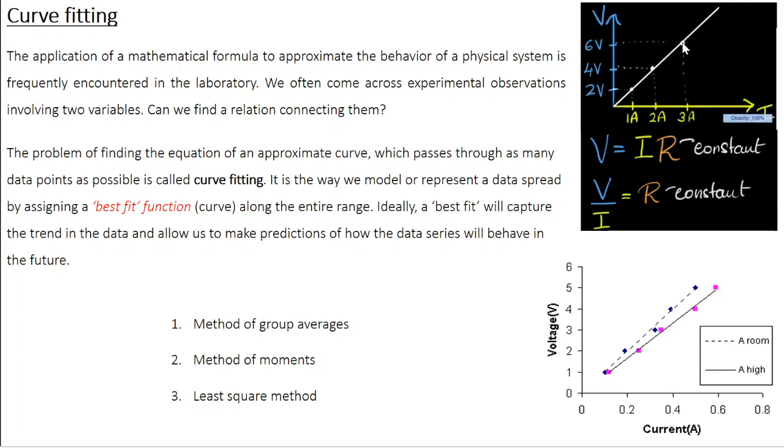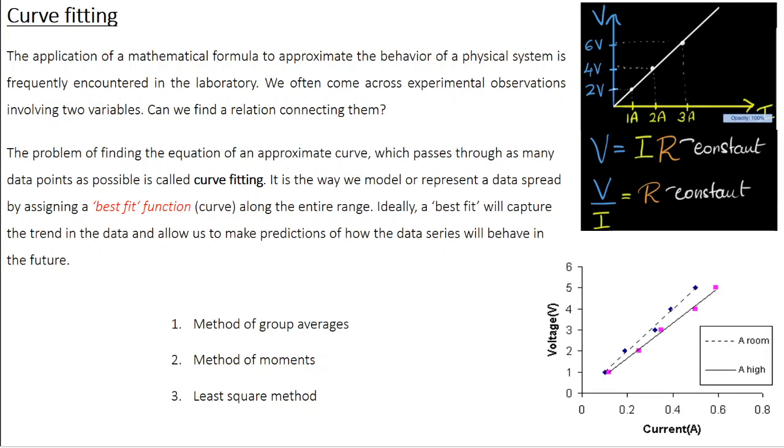So now I know that voltage by current is a constant throughout this data range, and that's how I come to Ohm's law, which says that voltage by current is a material constant known as resistance. So here when I write V equal to IR, this is a function which connects the variable voltage and the variable current. This is known as the theoretical function which fits the experimental data.